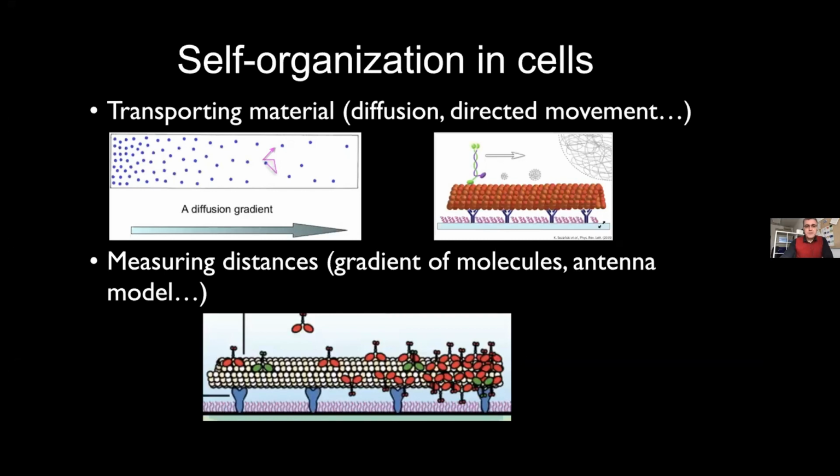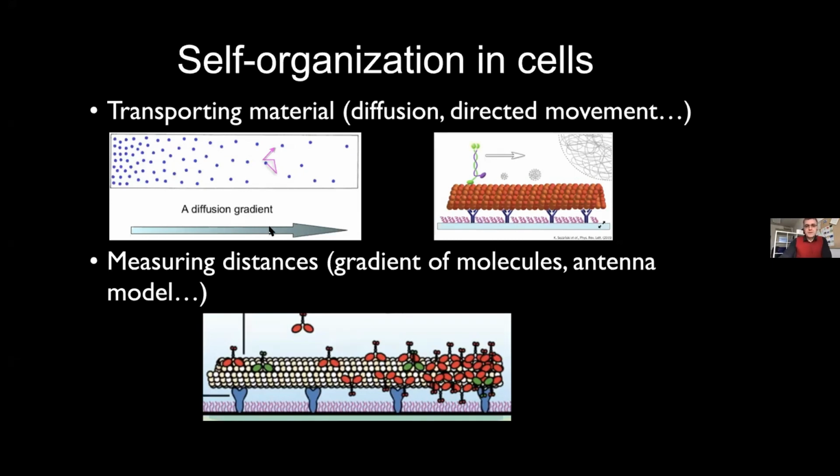So if you have a source of molecules on one end and a sink on the other, there will be a gradient of these molecules. And if one measures the local concentration at a certain point, he or she will actually measure the position within the cell.